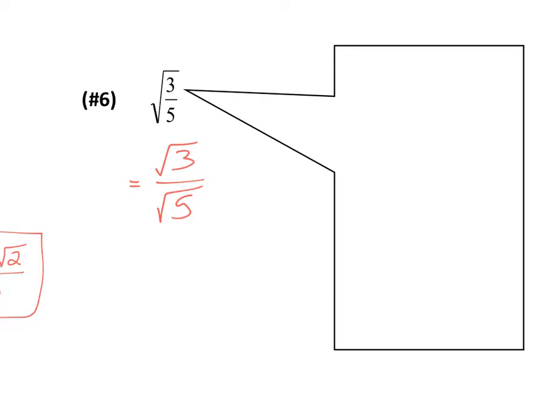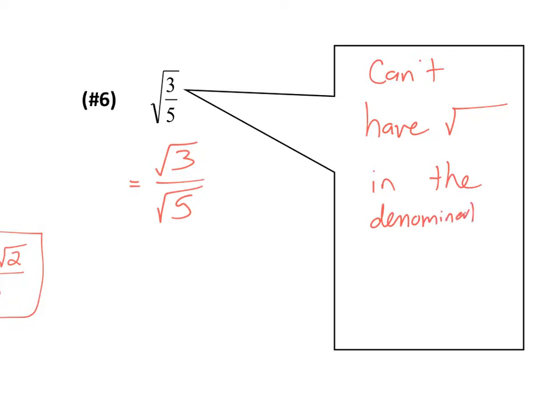So the issue with this one is that we can't have a radical in the denominator. So we can't have a square root or a radical in the denominator. So what we're going to do is turn it into a perfect.